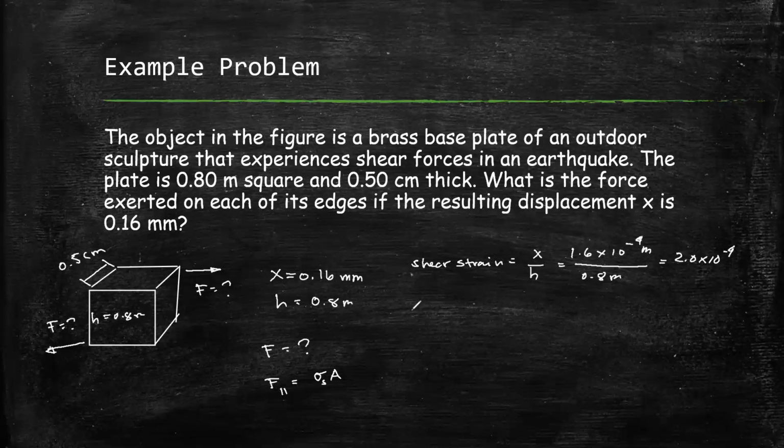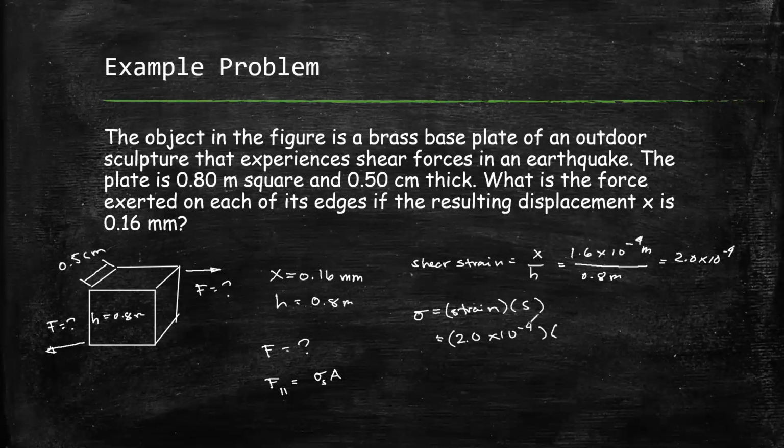Okay, so now to solve for the stress, we will use the shear modulus. Shear strain times shear modulus is equal to 2.0 times 10 raised to negative 4 times the shear modulus.